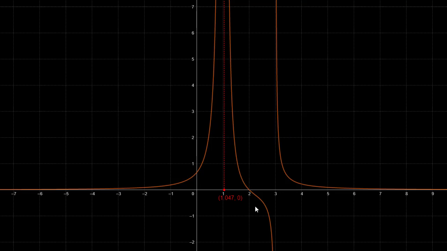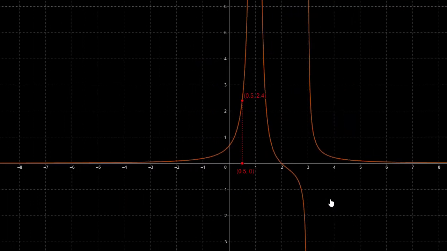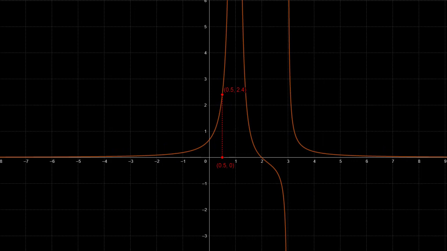Okay, so if we zoom back to our more standard position here, we, of course, see that we're blowing up on this side. Now I want to look at the left. On the left side, as we approach 1, again, we're blowing up in the positive direction. We're going right off the screen. So for this particular function, let's call this graph g.